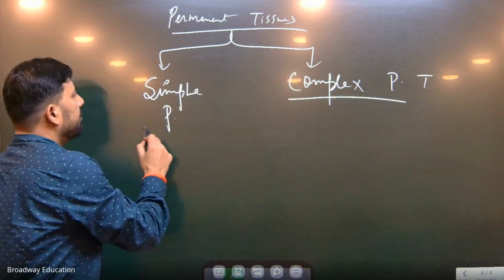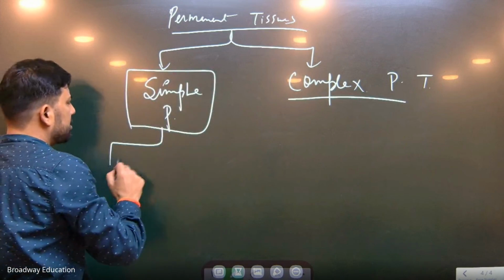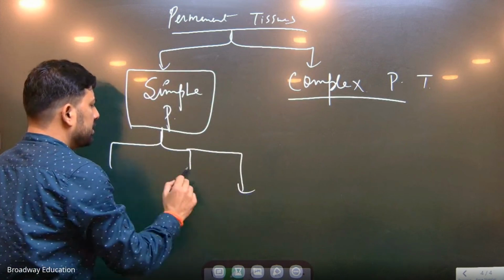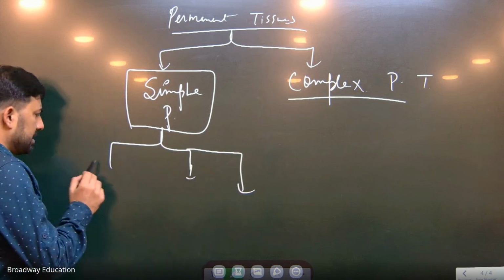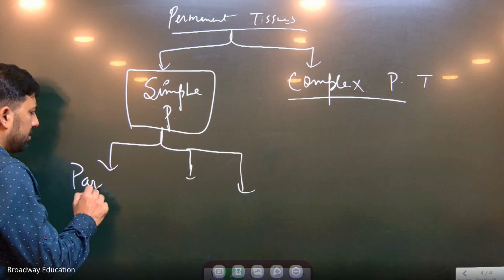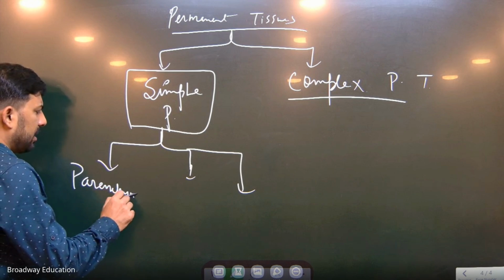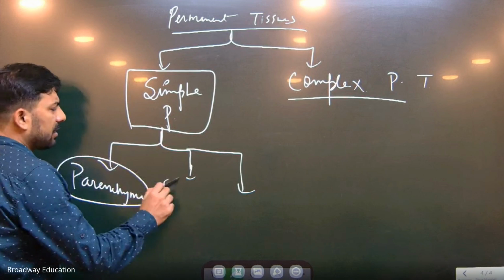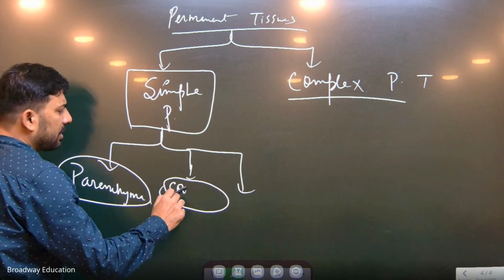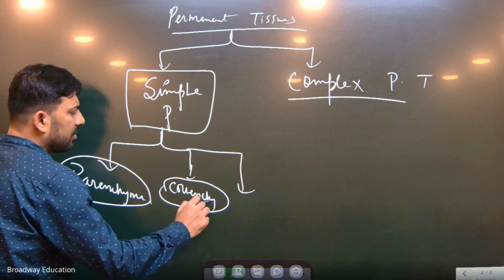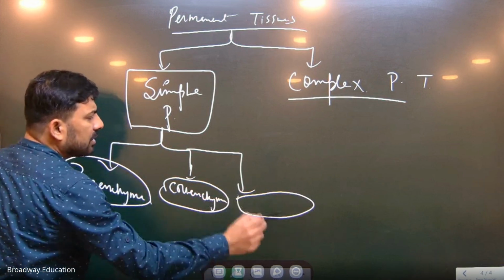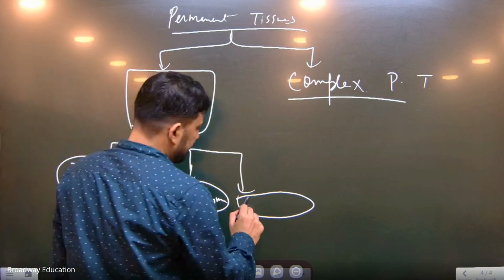Understood? In the simple permanent tissues, we also discussed some sub-classifications such as parenchyma, then collenchyma, and the third one was sclerenchyma.